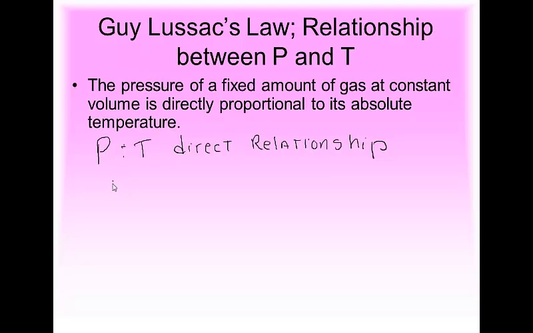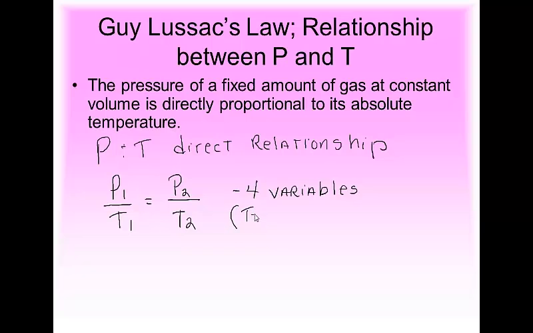His computation relates pressure and temperature. Again, 4 variables. You'll notice N, number of moles, isn't in play yet. That will be Avogadro's. 4 variables, 3 given in the problem. You find the 4th one. It's a direct relationship. Again, temperature must be in kelvins.